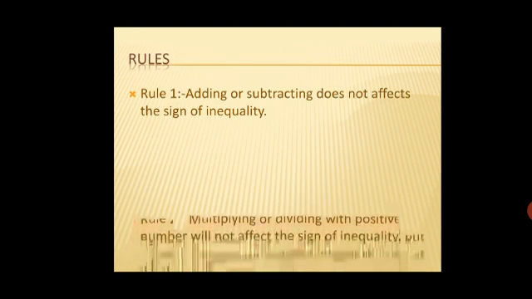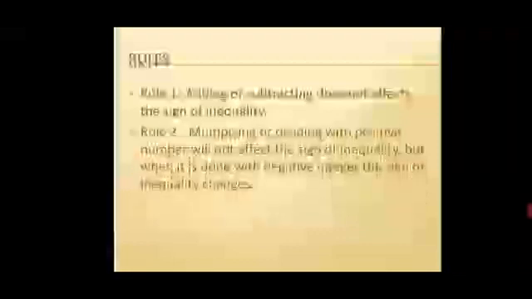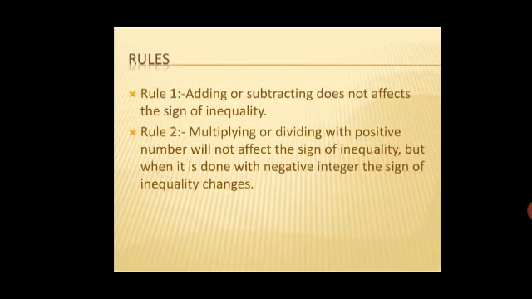If I multiply or divide by a positive number, it will also not change the sign of inequality, but when it is done with a negative integer, the sign of inequality changes. Means less than becomes greater than, and less than or equal to becomes greater than or equal to, and vice versa.